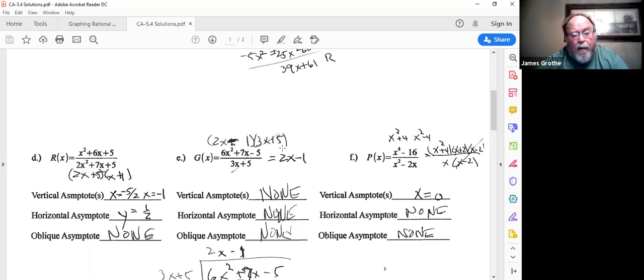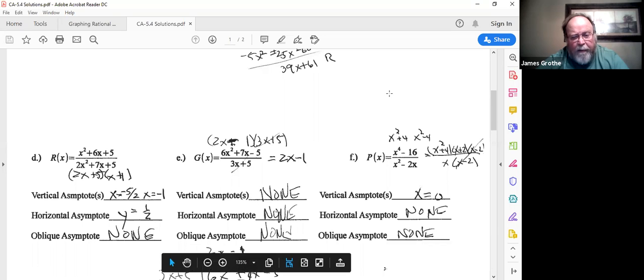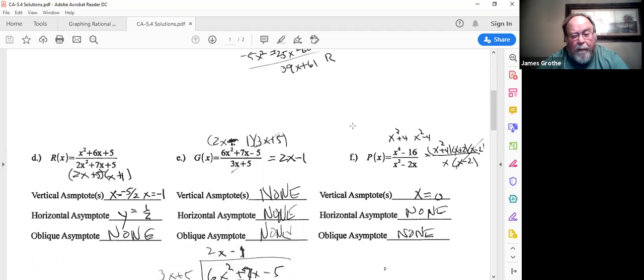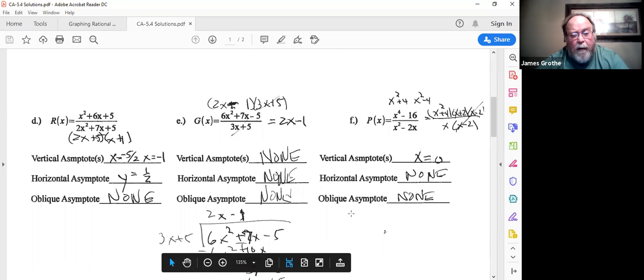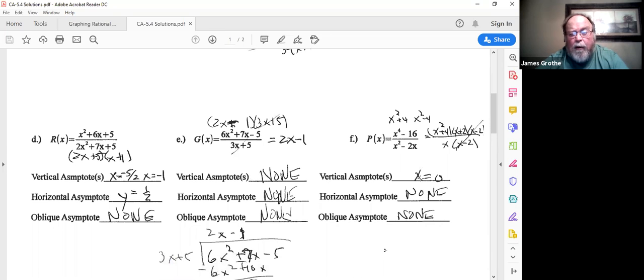This is just the graph of a straight line. You might recognize the line 2x minus 1. So there won't be a vertical asymptote, as a straight line goes from negative to positive infinity. There won't be a horizontal asymptote, as again it goes vertically from negative to positive infinity, and there's no oblique asymptote.